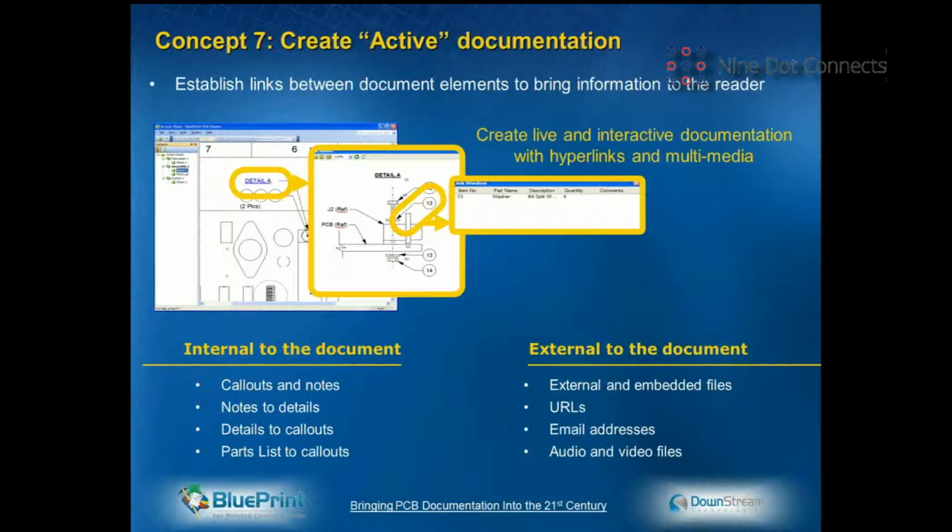You've got a call out on a page that says Detail A. Instead of going to look for Detail A, you can click on Detail A and it brings it up so that you can view it. And in Detail A, there are hyperlinks directly to the parts list. So some of the items in Detail A, I can go straight out to the parts list through hyperlinks. And we can link things internal to the document, call-outs, notes, details, parts list, or items external to the document.